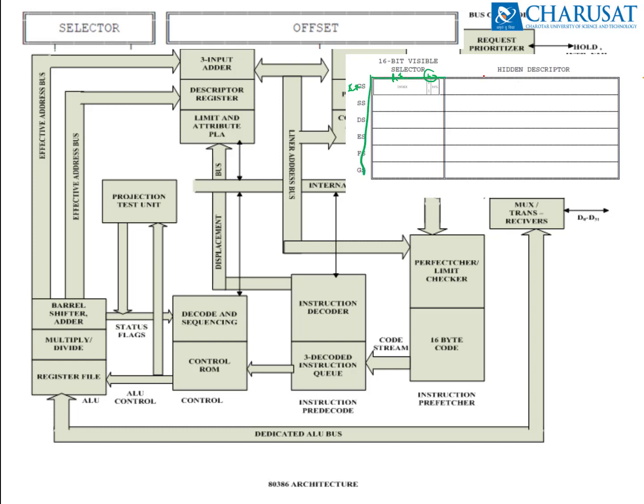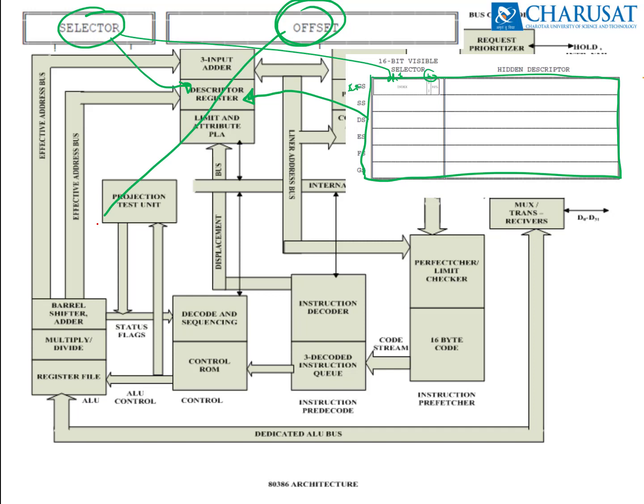So this whole data structure is available here in these descriptor registers. This selector is derived from these descriptor registers, and this is the enlargement or detail of the selector. This offset value is part of the register file. The index registers which we have discussed are part of the register file. So this offset comes from the register file, and the selector comes from the descriptor registers.